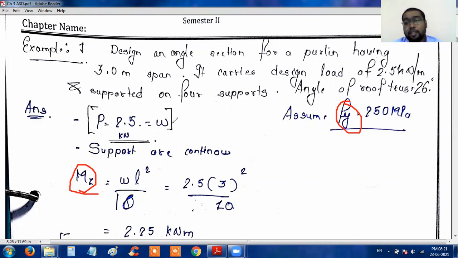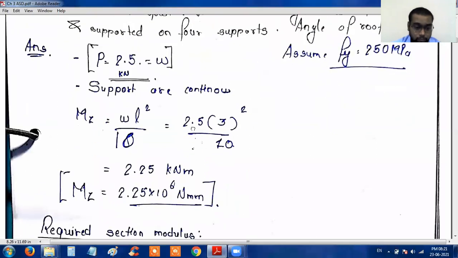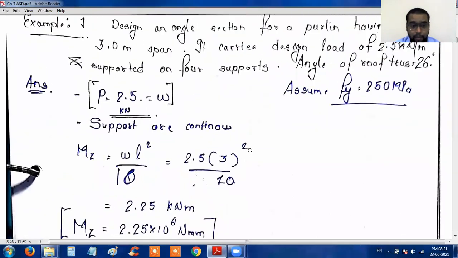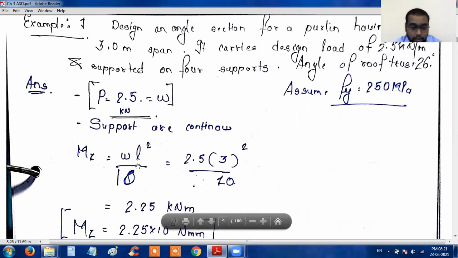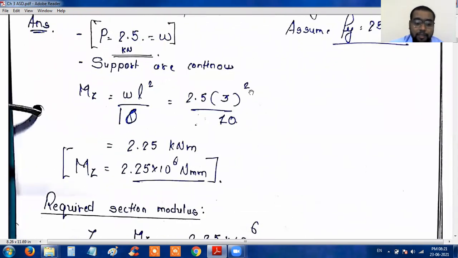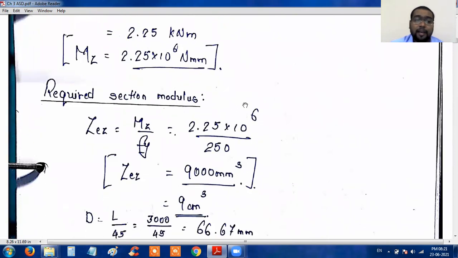If condition is simply supported, then calculate the moment from WL square by 8. Here W is 2.5 kilonewton. Then length means span. Here length is span. Then L is equal to 3, and calculate the value of Mz means moment in z direction.